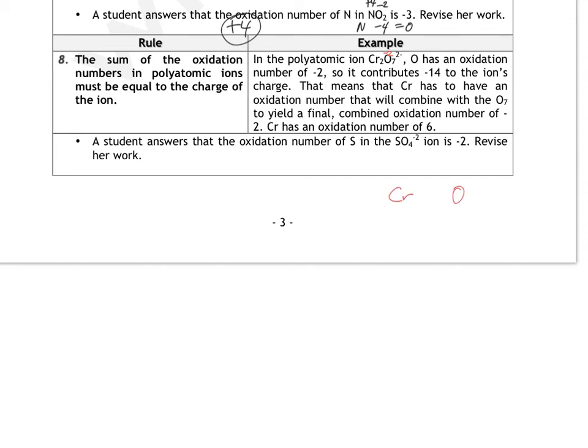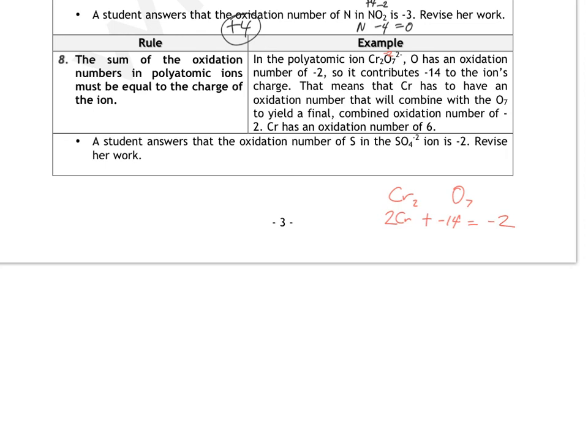So I'll just keep track down here. But that has to be added to the charge of the chromium. Now, there are 2 chromiums, and I'm not sure how much each one of them has for its oxidation number, so I'll just write 2Cr. So there's 2 chromiums, and a negative 14 for the 7 oxygens. And they have to be equal to the charge of the ion, which is listed up here as negative 2.